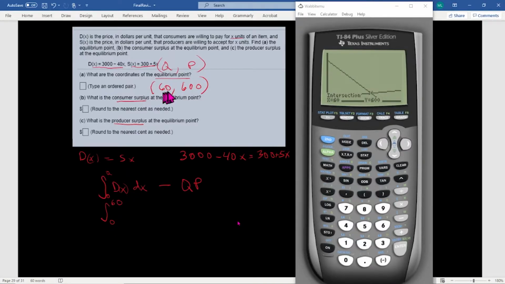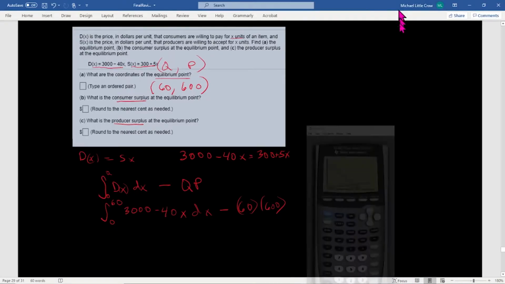That's our value. 3000 minus 40x dx, and then we do that, and then we subtract q times p. What is q times p? 60 times 600. Okay, so then we integrate.